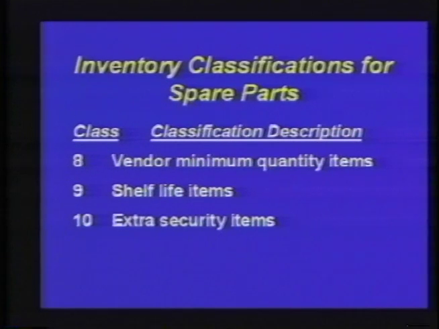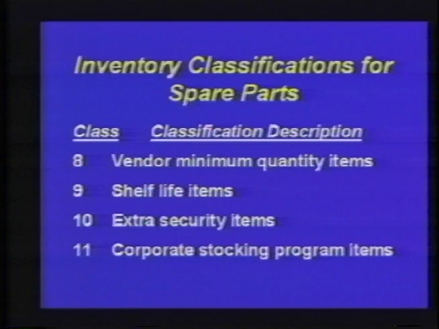And if we have 2 or more locations, let's say, facilities within a corporation with the same part number, we can address the combination of purchases by pooling the requirements of the 2 or more facilities at the time of purchase.